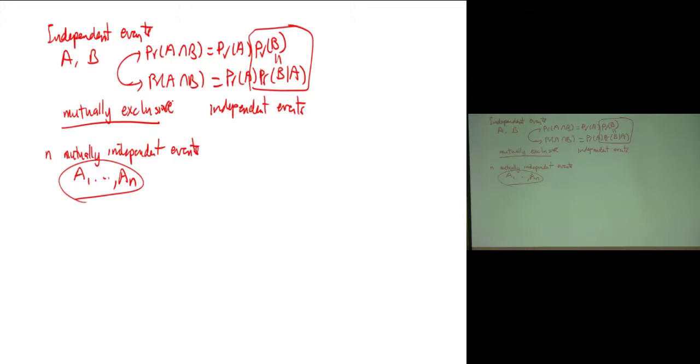So in other words, any form A1 intersect up to AK, and this is true for any K and any combination. All right, so it's a very, very, very strong definition.